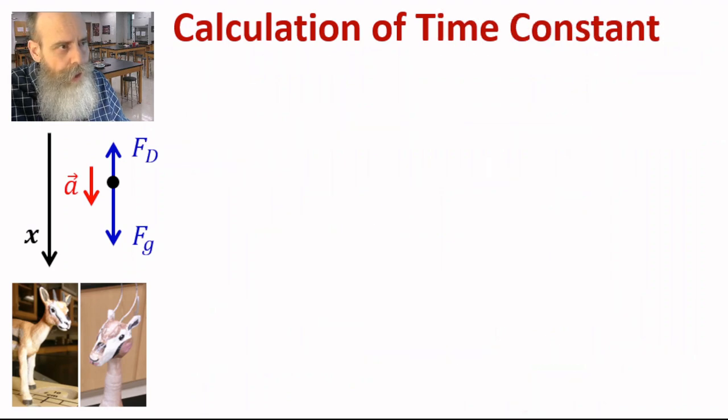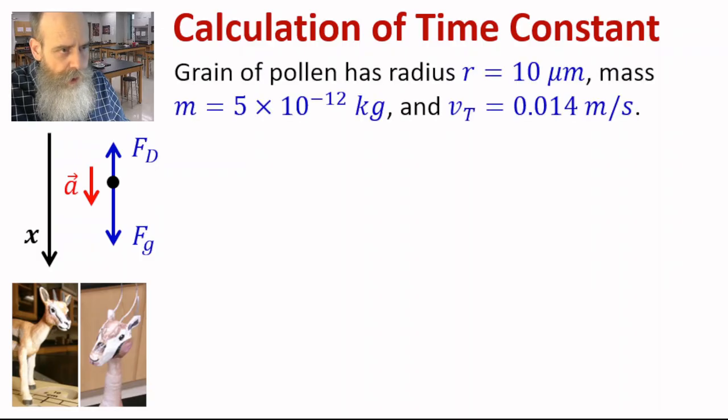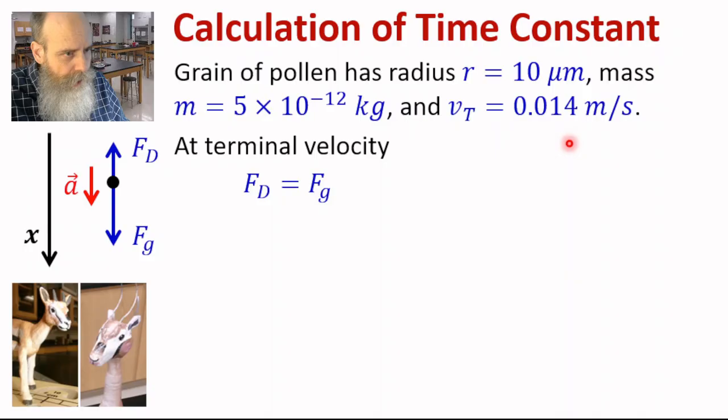Let's look at the calculation of the time constant. For the same grain of pollen, radius is 10 micrometers, mass is 5 times 10 to the negative 12 kilograms, and the Vt, which we just calculated, is 0.014 meters per second. At terminal velocity, the drag force equals the force of gravity because the net force is 0.